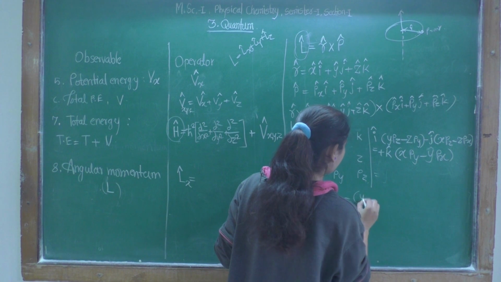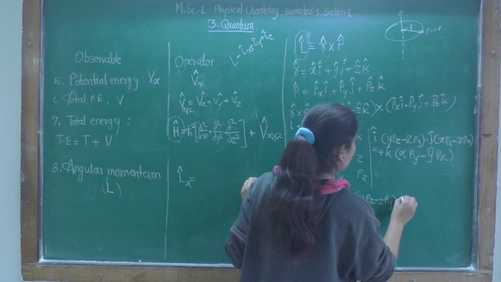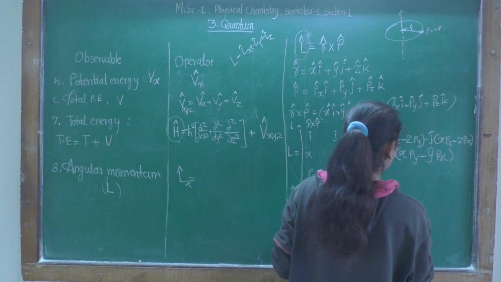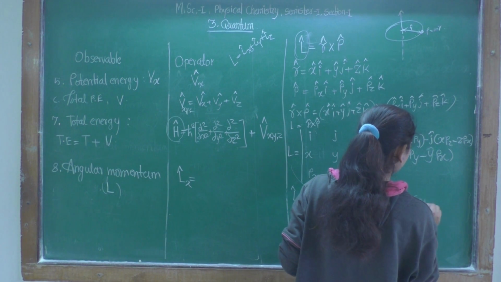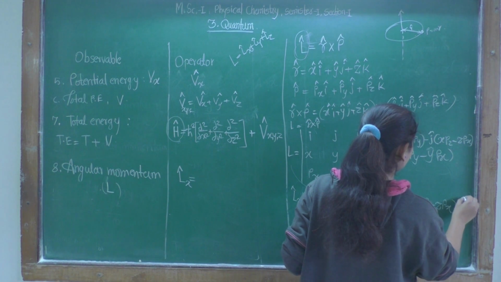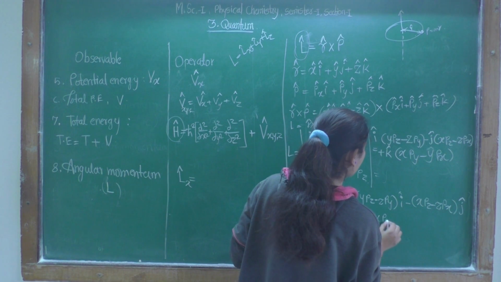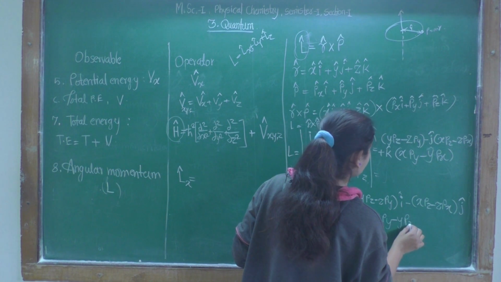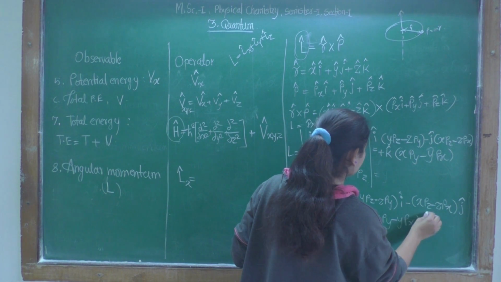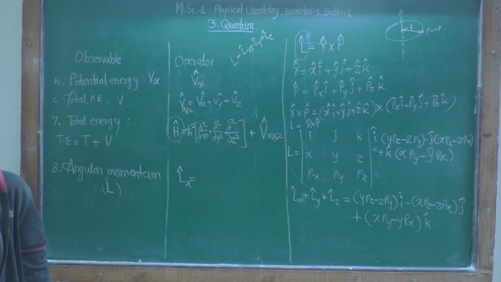We will write (ypz minus zpy) i minus (xpz minus zpx) j plus (xpy minus ypx) k. That's it. In this way we have obtained the thing.